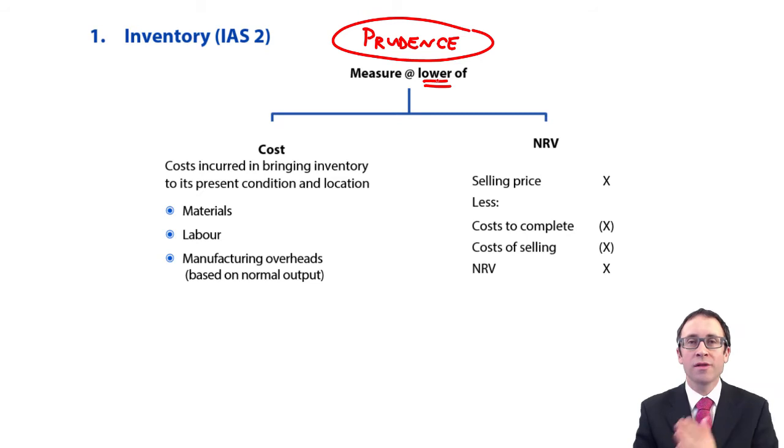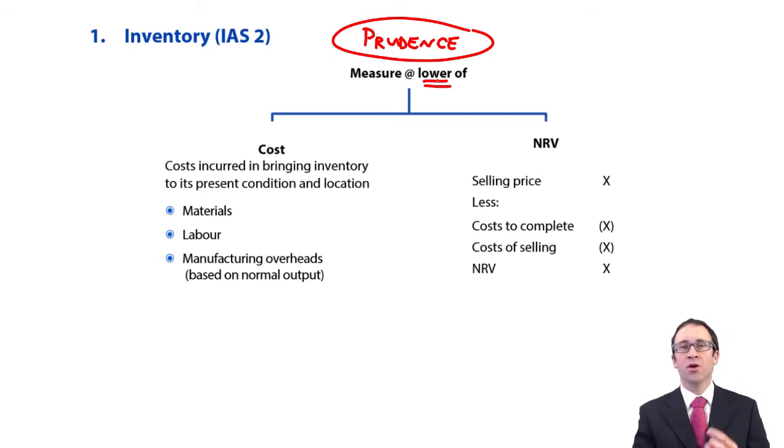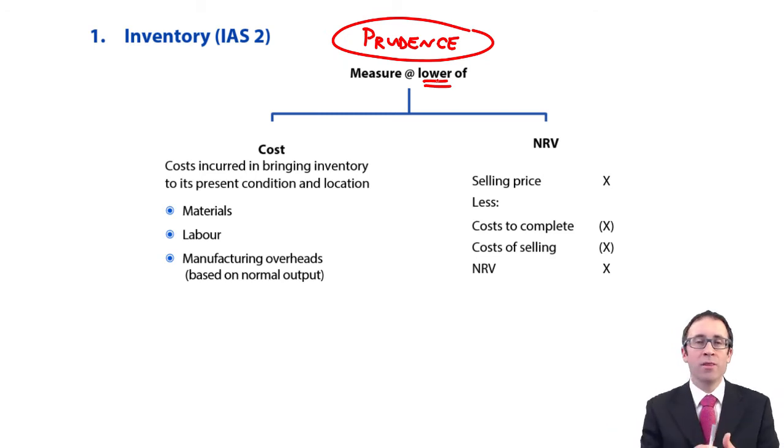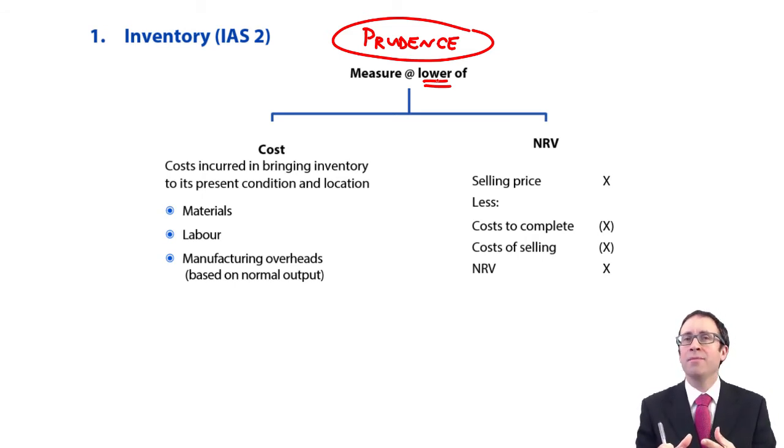When we're looking at the cost and the NRV, we need to be specific about what we record as the cost and what we record as the net realizable value. So the cost is your purchase price, plus any costs that are incurred in bringing the inventory to its present location and condition. Because if you're a manufacturer, then you're going to buy in the raw materials. So you're going to look at the purchase price of those raw materials, including any non-refundable taxes that there may be.